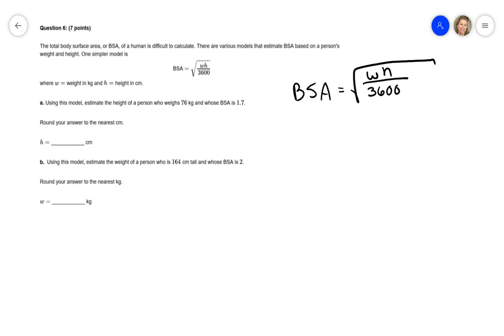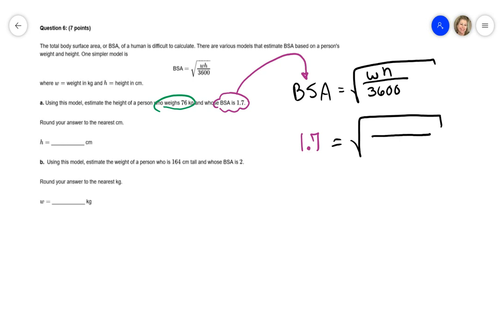They told me that the BSA was 1.7, so that number goes right there, equals the square root of, and then they weigh 76 kilograms, so that's W, and that is the right unit, the weight in kilograms. So 76 goes there, and then I have H is what I'm looking for over 3600.